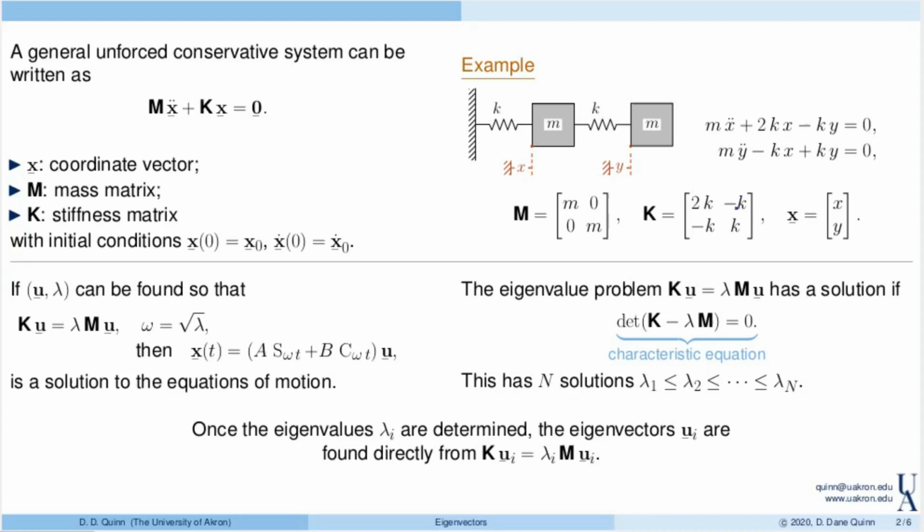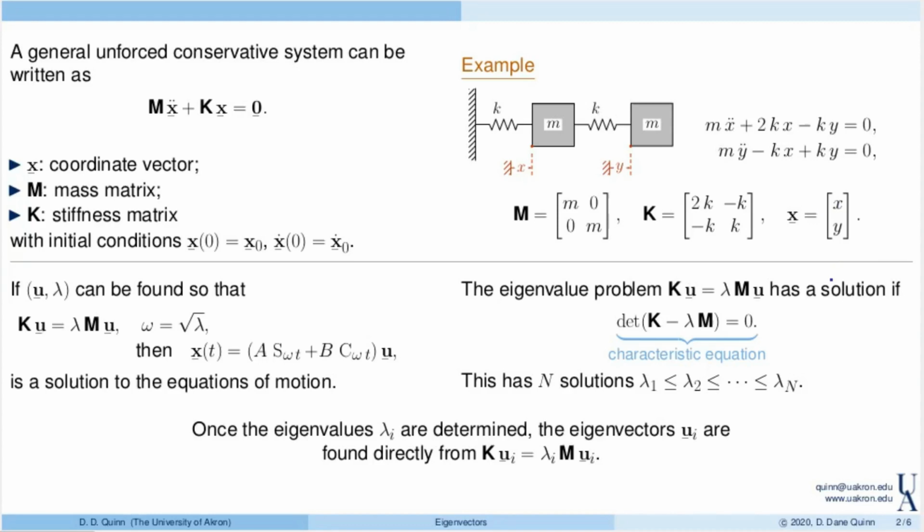And for the stiffness matrix, we have 2k times x, and then minus k times y. Down in the second equation we'd have minus k times x and plus k times y. Once again, the coordinate vector is x, y.